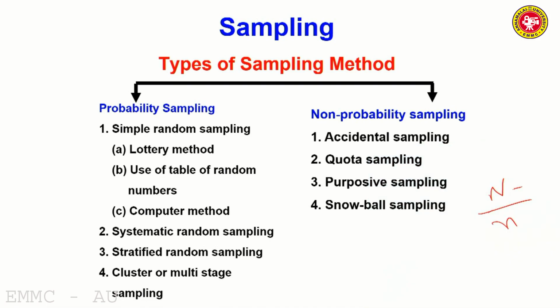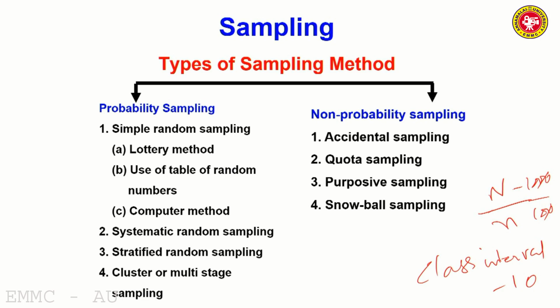Suppose your village population may be 1000. Small n denotes the number of samples, suppose 100. So if I divide, what will come? The class interval, 10. So the class interval is 10.